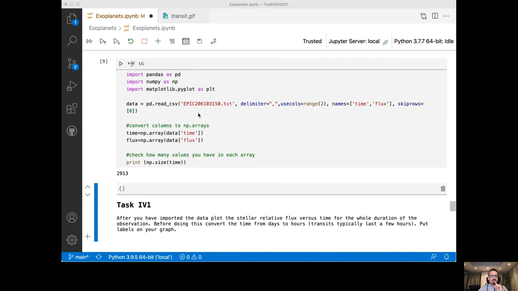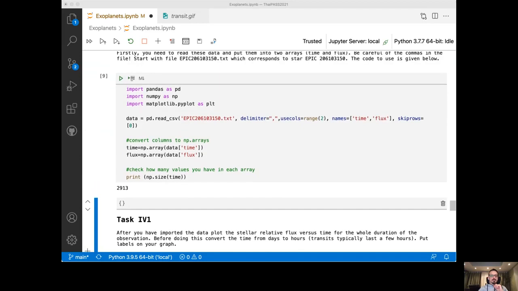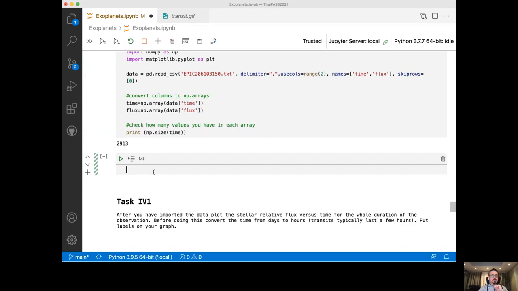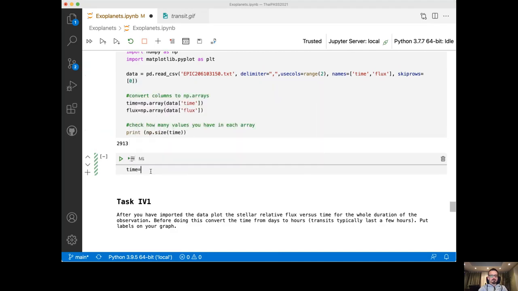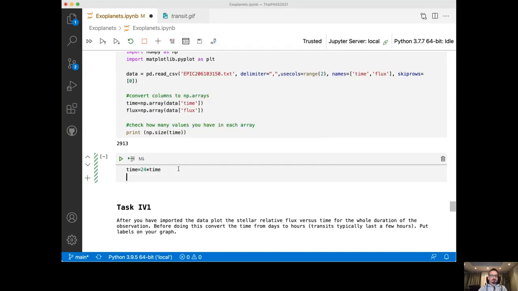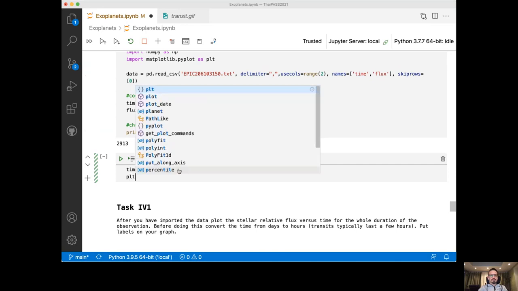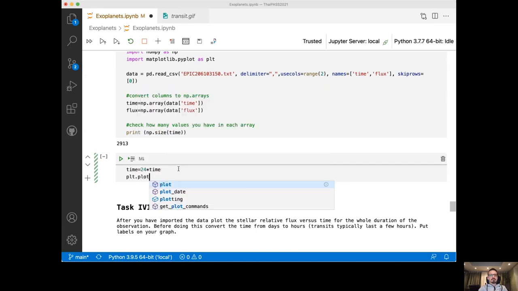When you read this, the time is in days, so you need to convert it into hours. So let's just do this first. Just have a new box here. And then I'm just going to plot it, just to see a little bit how they look.